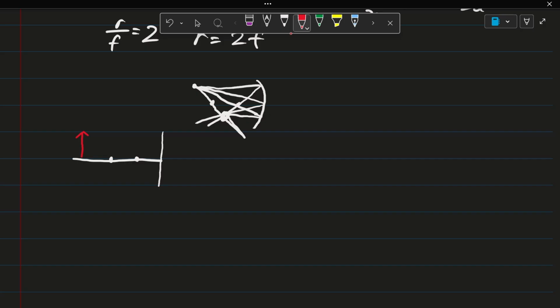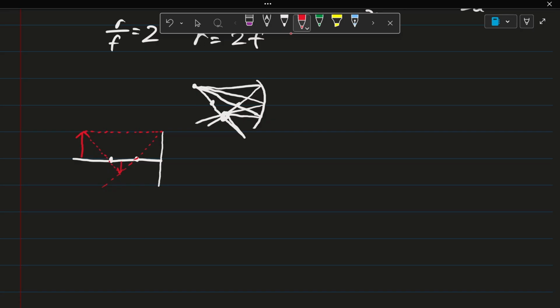We could just take lines parallel, and it will be reflected back like this. So that's your first point. And also, you could just take this ray and pass it through the center point. And this will be your reflection.